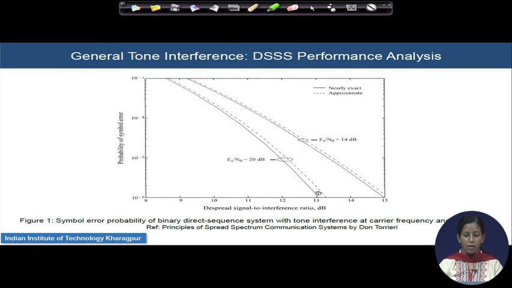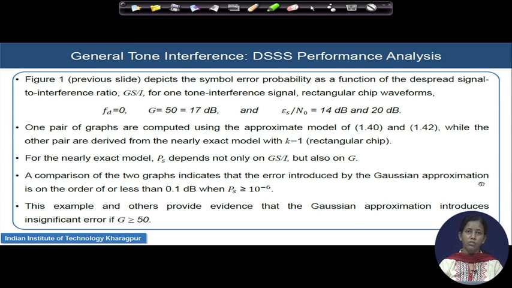So, it will come below the nearly exact, but in that situation you should also develop the nearly exact graph with respect to the sinusoidal one. In both the cases, if your G is pretty large, your gap will be within 0.5 dB for a target BER of 10 to the power minus 5, which is observed.